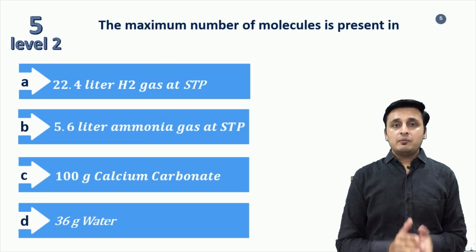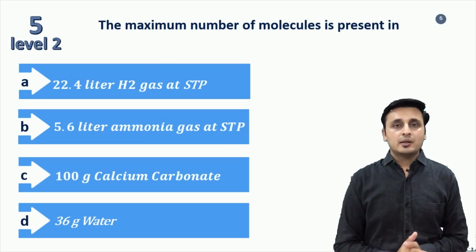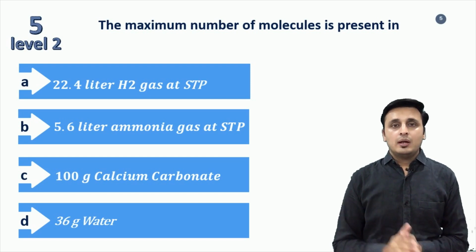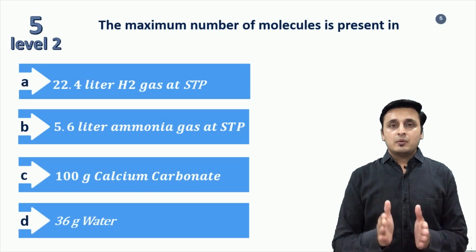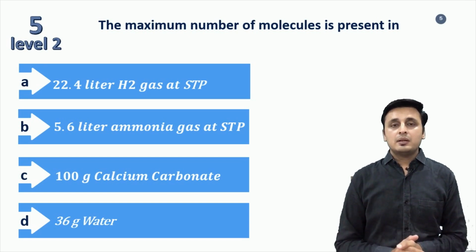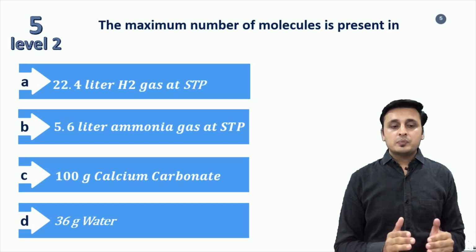Calcium carbonate molar mass comes to 100 gram, 100 AMU, and therefore we call it the gram molecular mass, 100 gram. So 100 gram of calcium carbonate represents 1 mole.